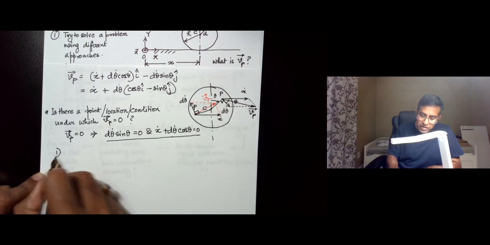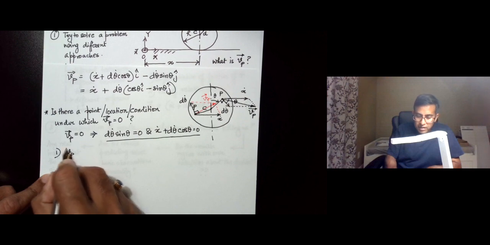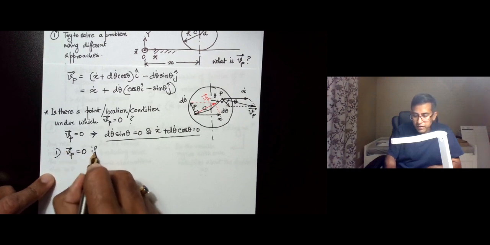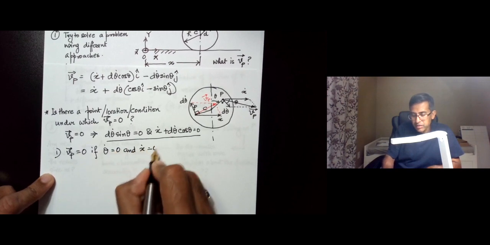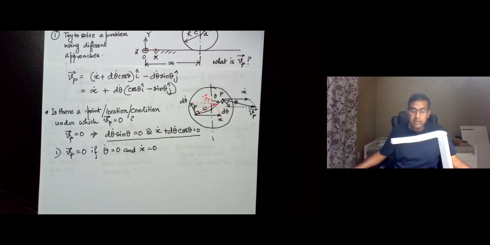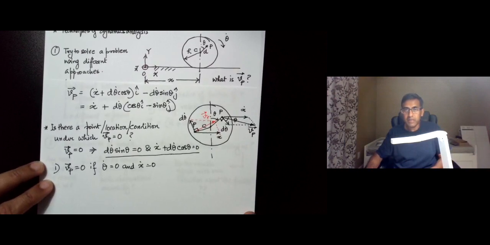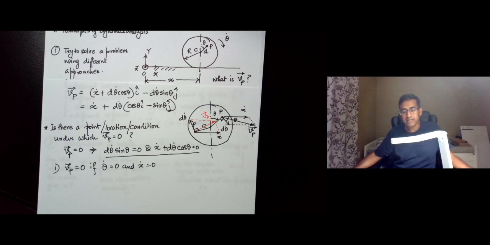So one condition that you can see from here very quickly is Vp is equal to 0 if theta dot is equal to 0 and x dot is equal to 0. And that is a very trivial case, because x dot equals 0 means that the disk is not moving towards the right along the x-axis, and theta dot equals 0 means that the disk is not spinning.